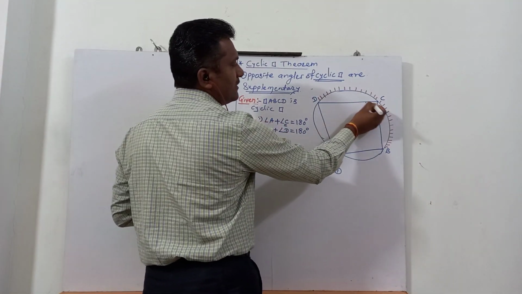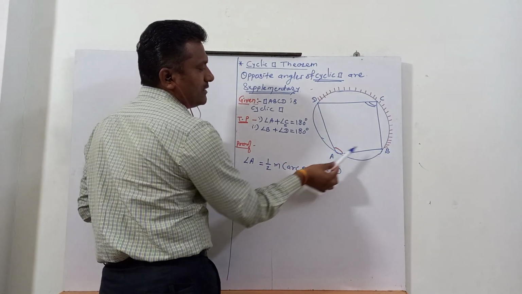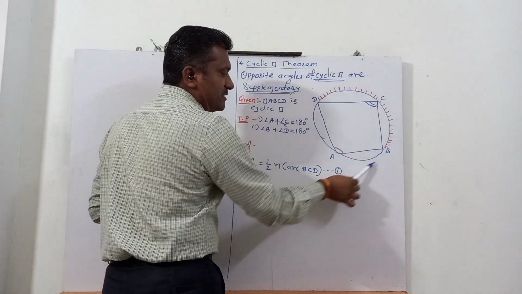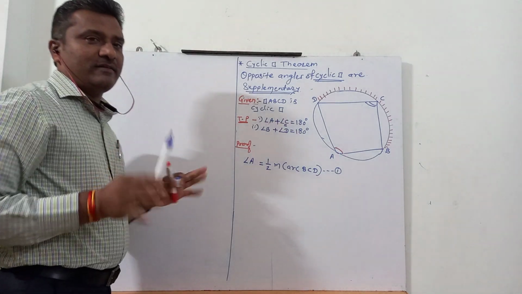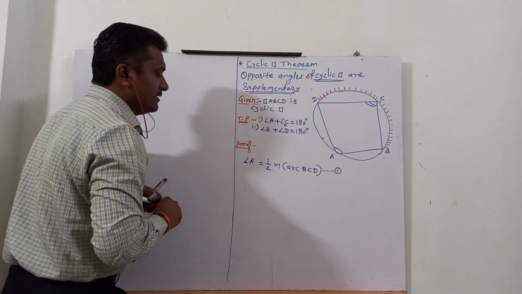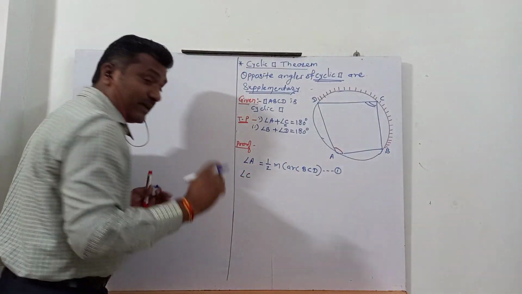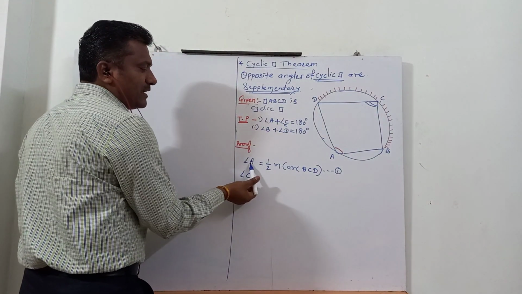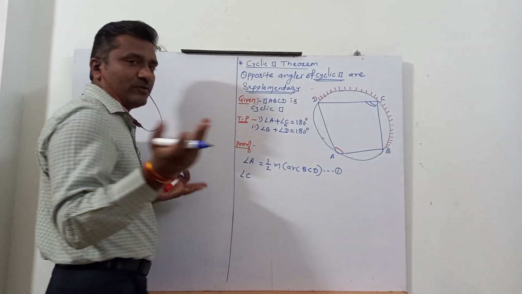Yes, this is angle C. The way we came to know that angle A intercepts arc BCD, in the same way angle C intercepts which arc? Yes, it is the non-shaded arc here. What is the name of that arc? Arc BAD. In the same way we will apply the inscribed angle theorem for angle C also. Why do I consider angle C? Because I want angle A plus C. If you want to take angle B and D, it's your choice.